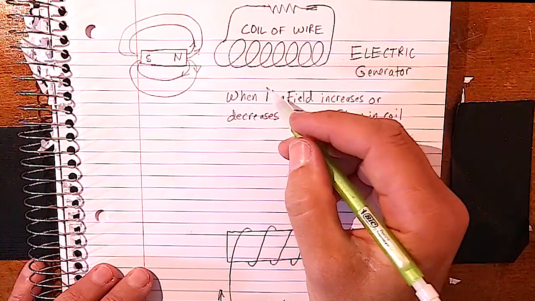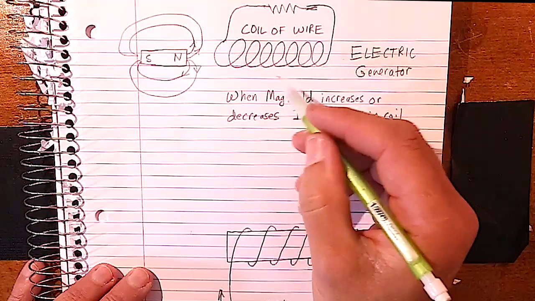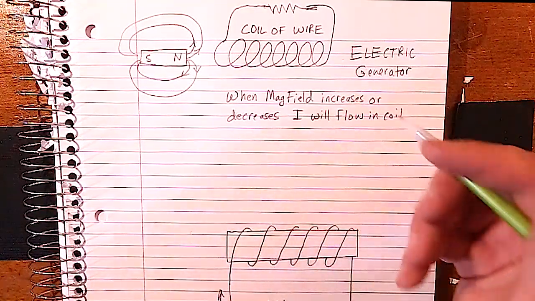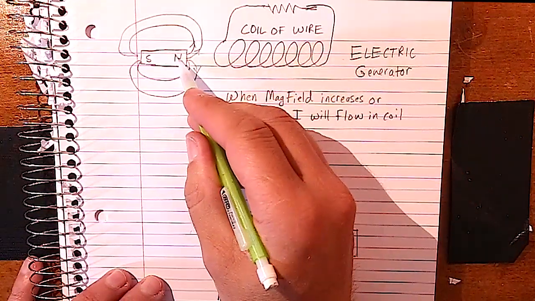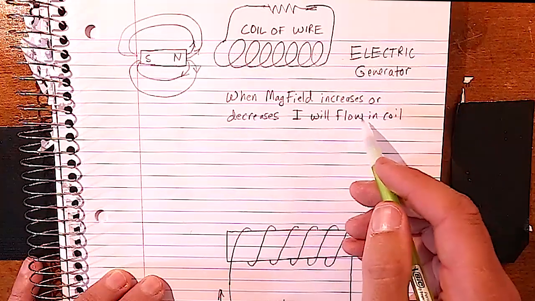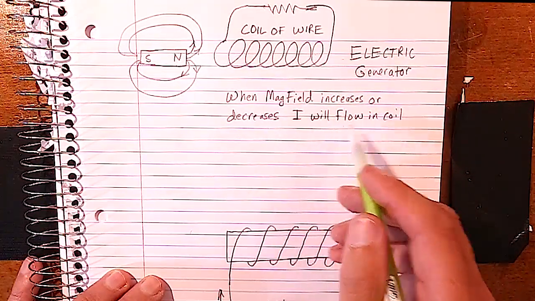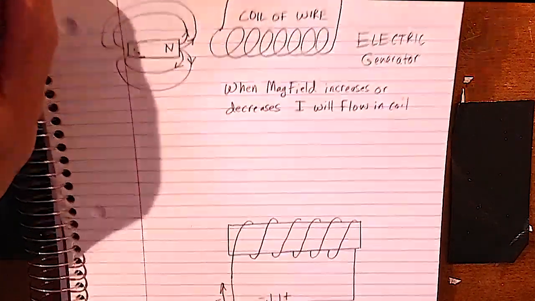Usually what happens is we have magnets that are spinning next to a coil of wire, and there's a whole bunch of different configurations. But the basic fundamental concept is that if we take this magnet and move it into the coil, that's increasing or decreasing the magnetic field, and we will get current flow. We will have made electricity.